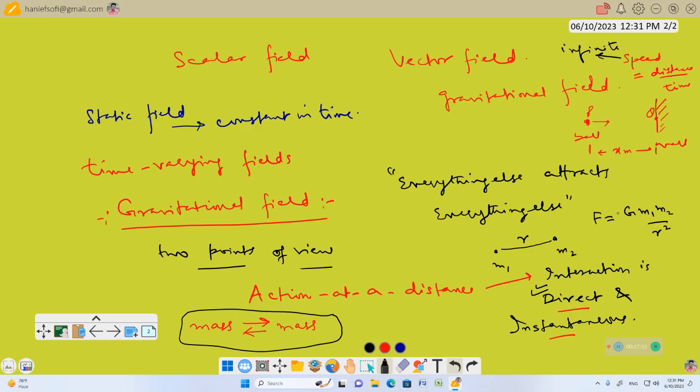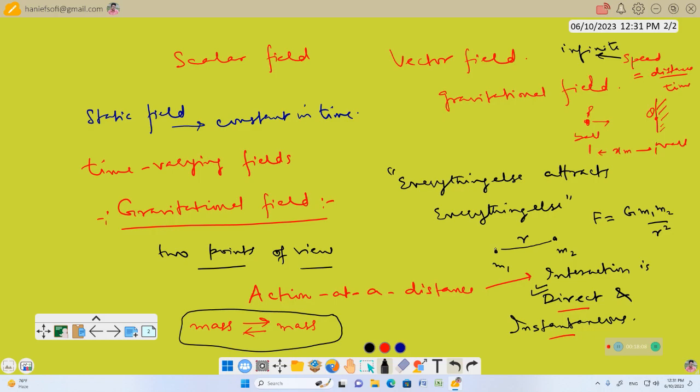So when I say this ball hits this wall instantaneously, that means the ball moves to the wall at an infinite speed, which is meaningless, right? And similarly, when I say the interaction between m1 and m2 is instantaneous, we are saying that the signal moves from m1 to m2 in zero time, at infinite speed.